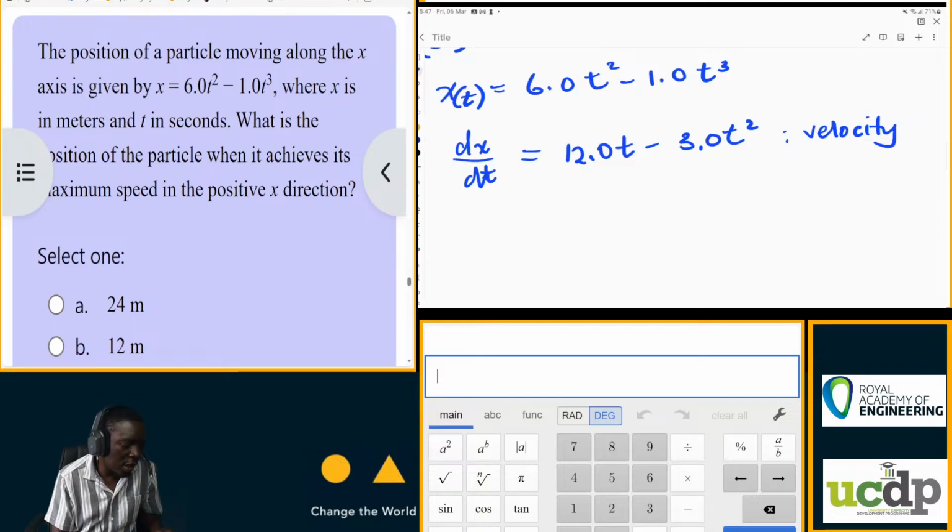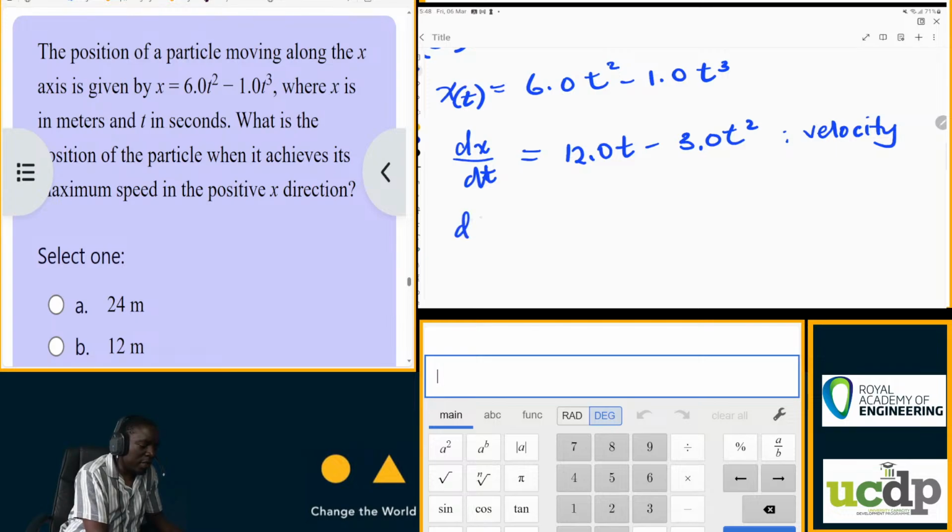So you can find the velocity, but there's a point where the velocity reaches maximum. According to that question, that's the point where the particle ceases to have acceleration, so it achieves its maximum speed. At maximum speed, it's no longer accelerating. So we want that point where its acceleration is 0.